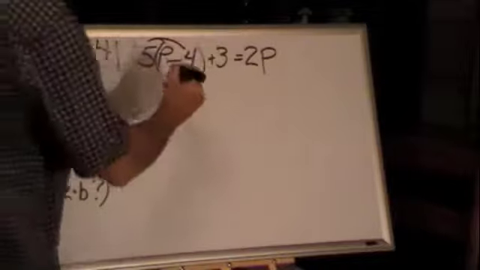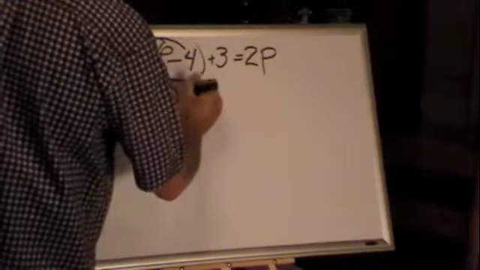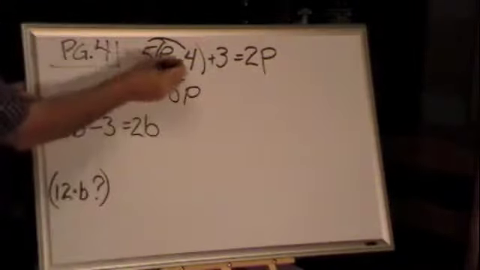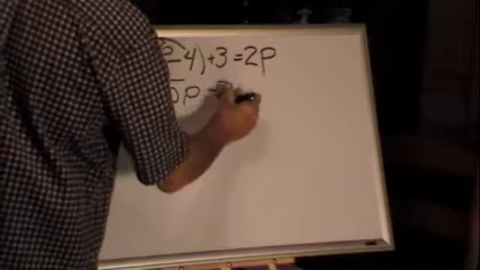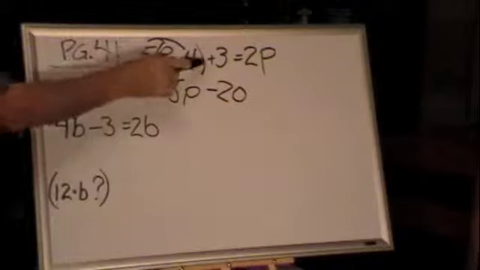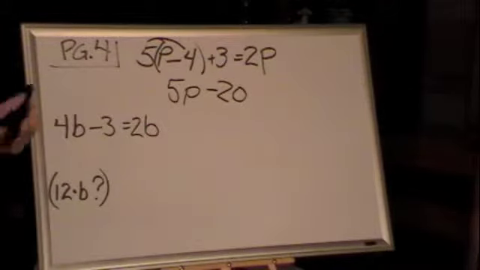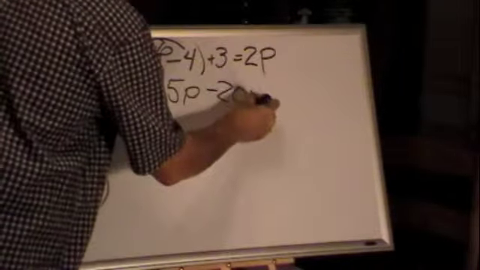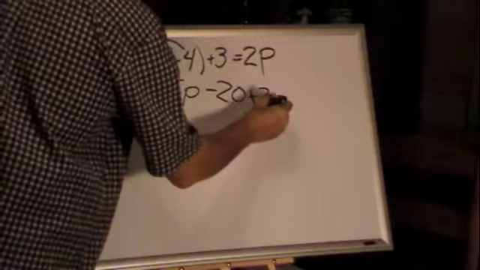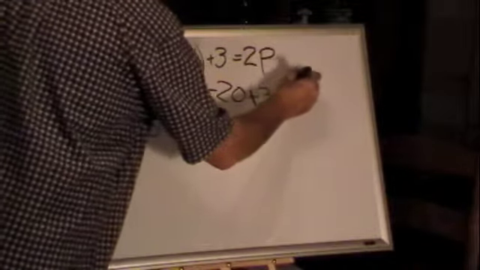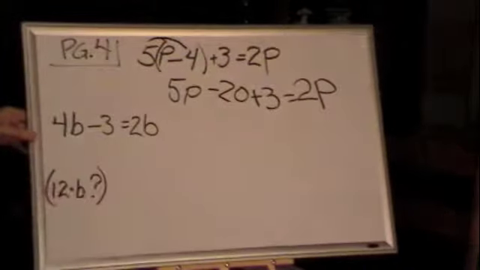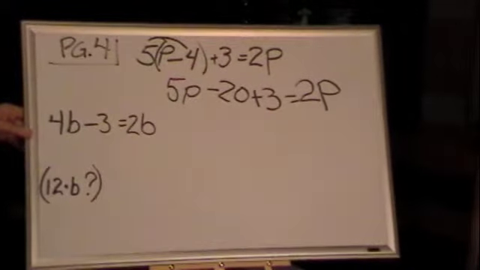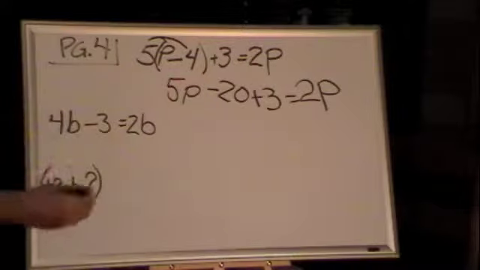5 times p, you know that. And 5 times a minus 4, you got it, a minus 20. But they throw the curveball. There's a plus 3. So don't forget that one. But the plus 3 there, that all equals 2p. Now, the goal of this is to throw you off.